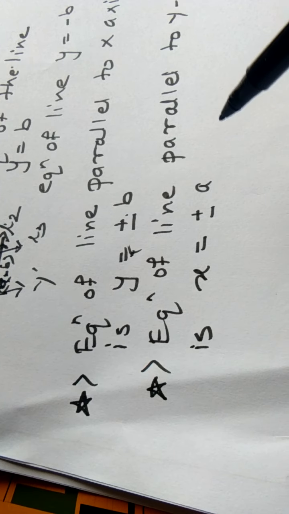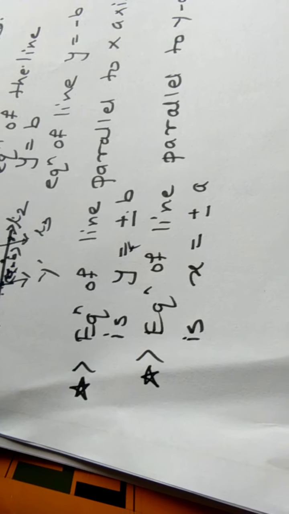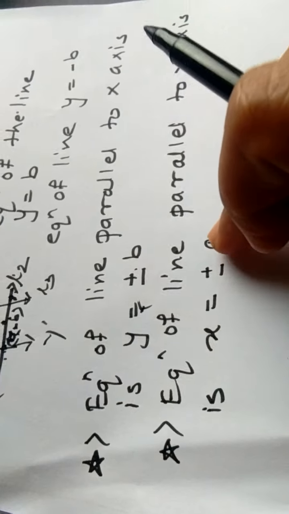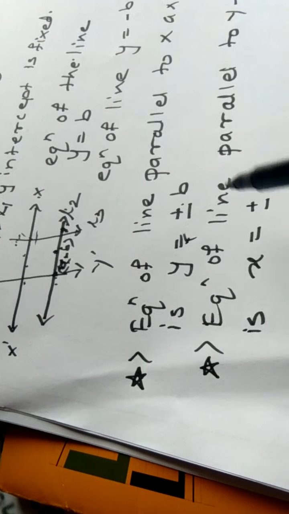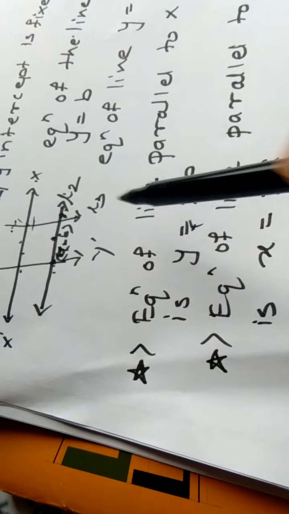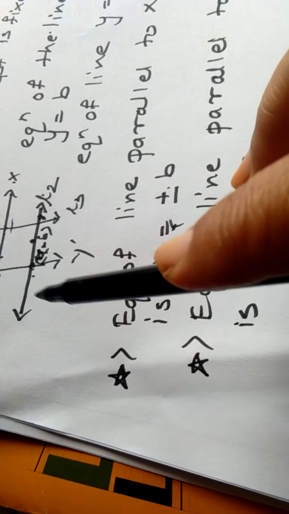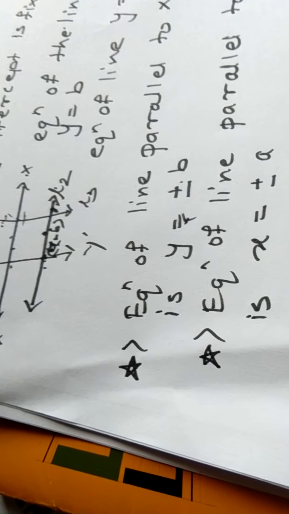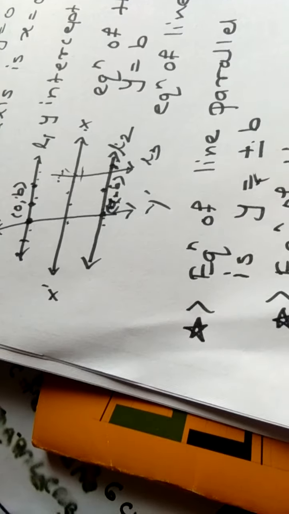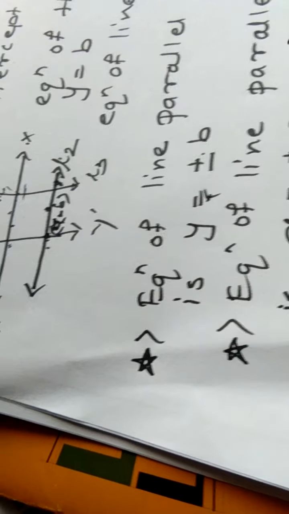Why have I taken the plus or minus sign? Because if the point is positive, then it lies on the RHS of the y-axis. If the point is negative, then it lies on the LHS of the y-axis. These 2 points are very important.